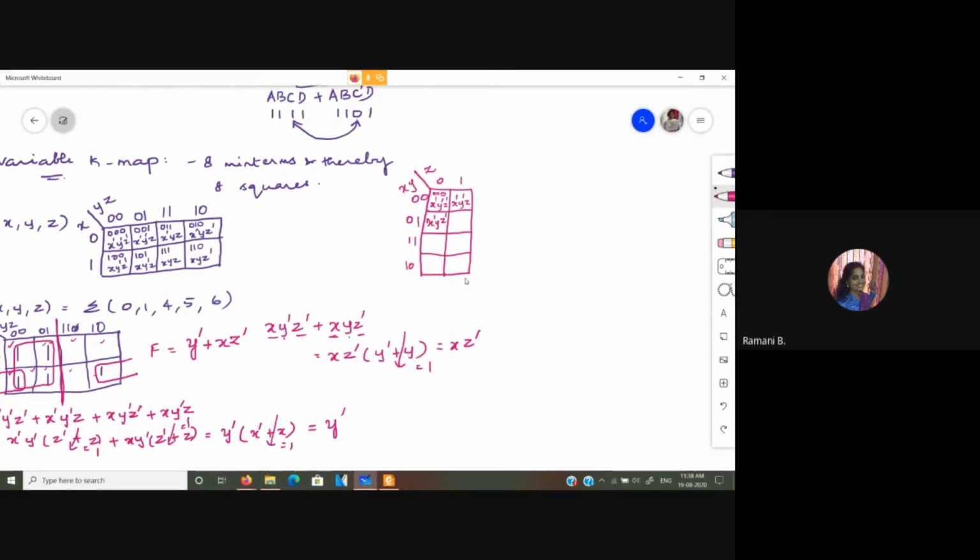This corresponds to M3, X bar, Y, Z. This corresponds to M6, so this is X, Y, Z bar, 1, 1, 0. And this is X, Y, Z, corresponds to that of M7. And this corresponds to 4, so X, Y bar, Z bar. This corresponds to 5, X, Y bar, Z.